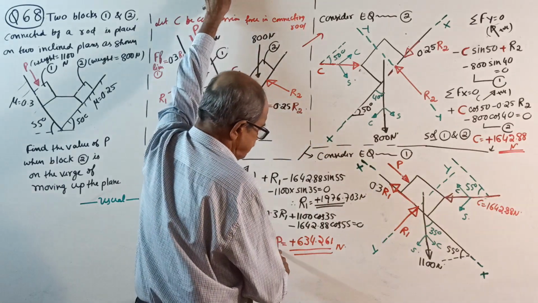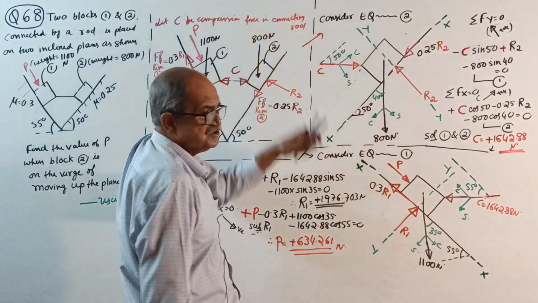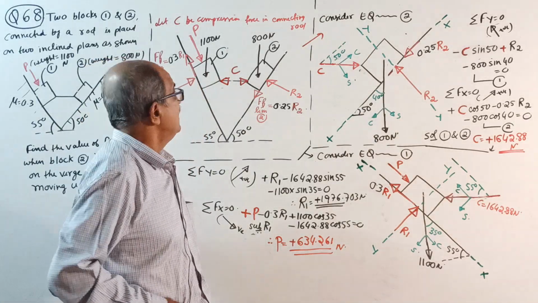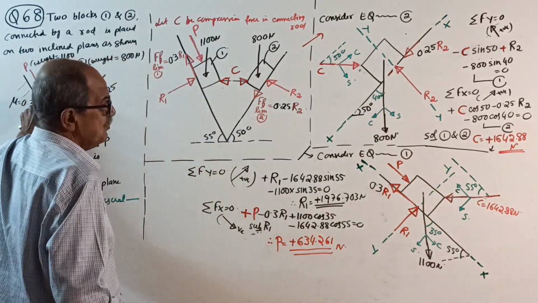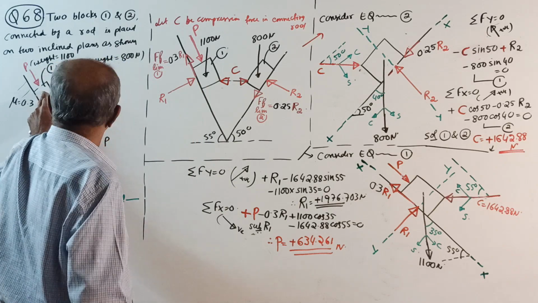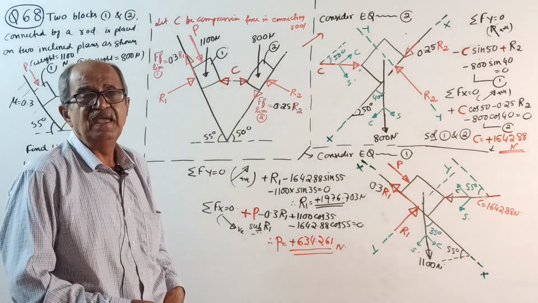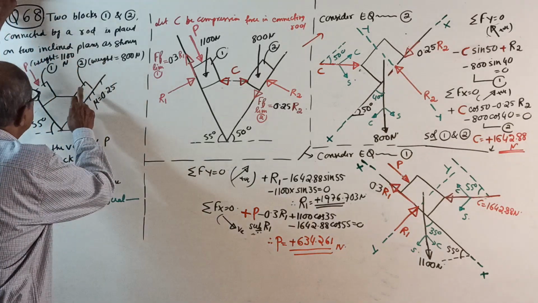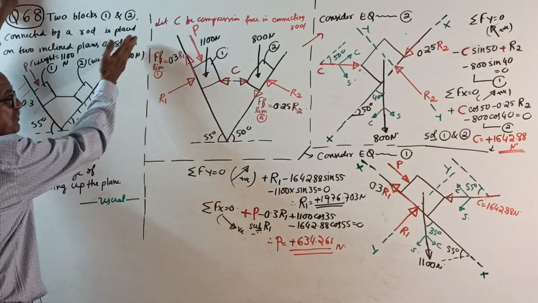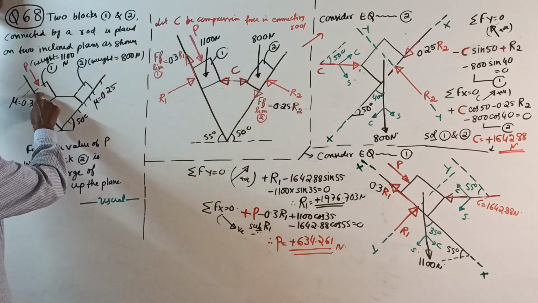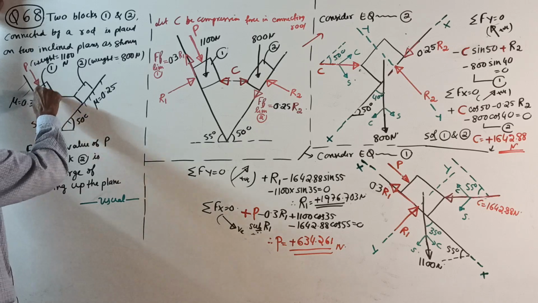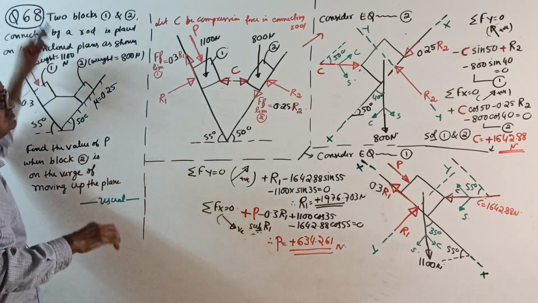You get the value of P, 634.261. Therefore, if you apply a force of 634.261 Newton parallel to the plane, then this block is on the verge of moving up. The question can be anything, or they can ask the same question with block 1 on the verge of coming down.